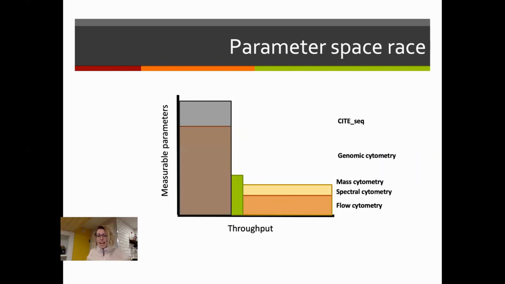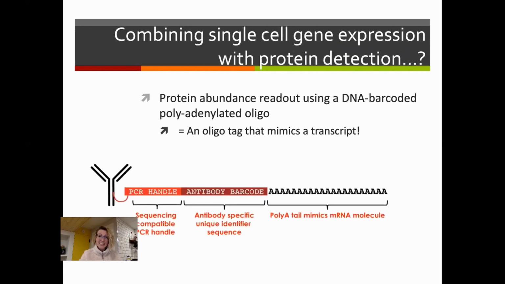And finally, we have a new technique called CITE-seq, which also sometimes goes by AbSeq. It's got a lot of different names because it's so new. But in this case, it's the combination of single cell gene expression with protein detection.